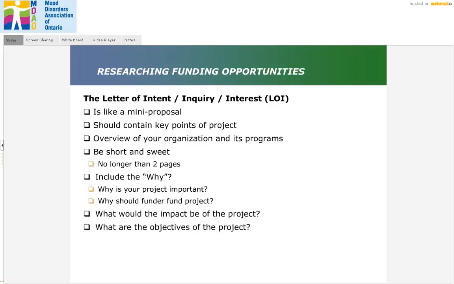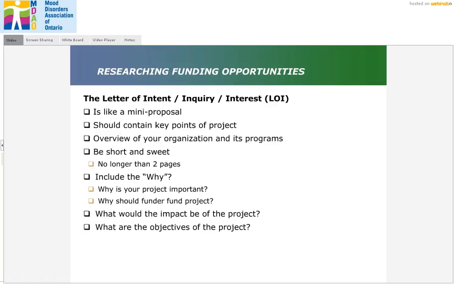It's also called a letter of inquiry or letter of interest. What this is, is basically a mini proposal which contains the key points of the project that you're requesting funding for, and it's also a way for you to introduce the organization to the funder.